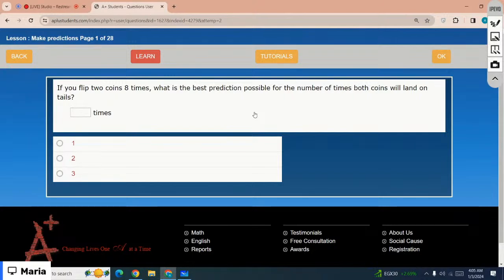The third one is you have head on first and tail on second, and the fourth one is you have tail on first and head on second. So the probability of the event is 1 out of 4. You did the event 8 times, so you have to do 1 by 4 times 8, that is 2. The correct option is 2. Got it?